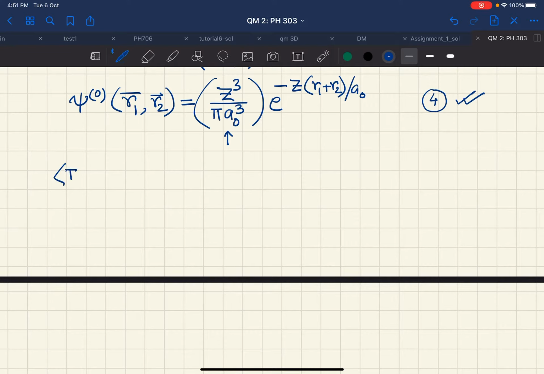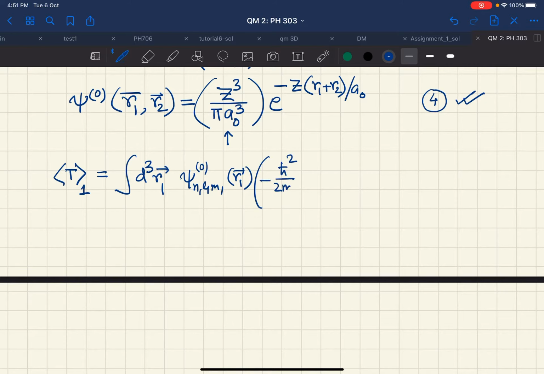So suppose we are calculating the kinetic energy for the first electron. So what will be that? This will be a three-dimensional problem. So this is d3r1 psi 0 n1 l1 m1 r1, and then we have of course minus h bar squared by 2 times me, del 1 squared, and then psi n1 l1 m1 0.